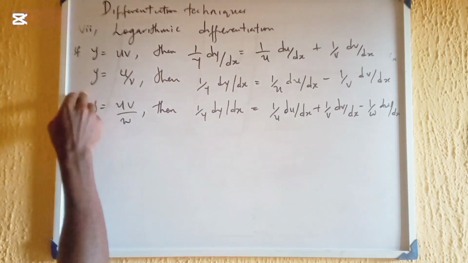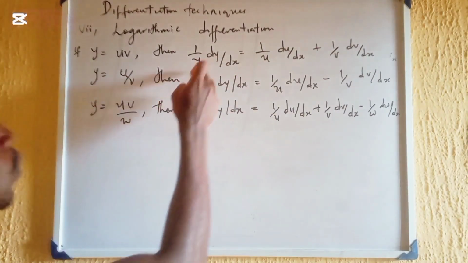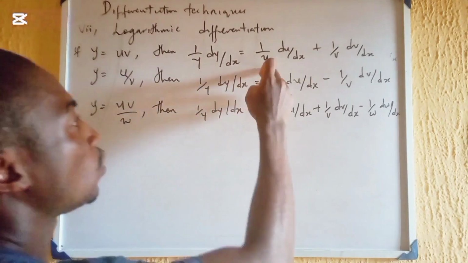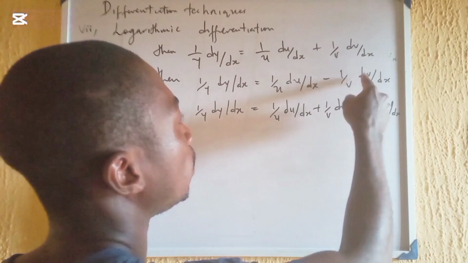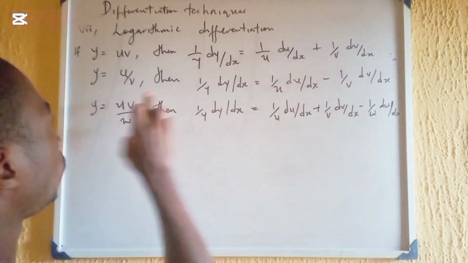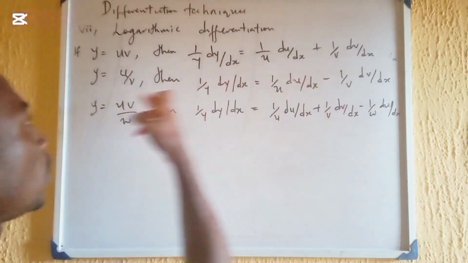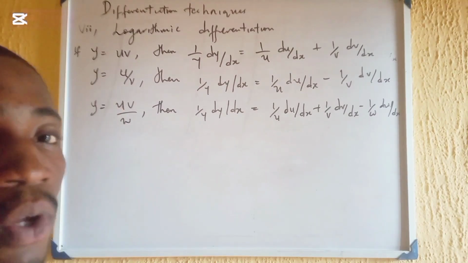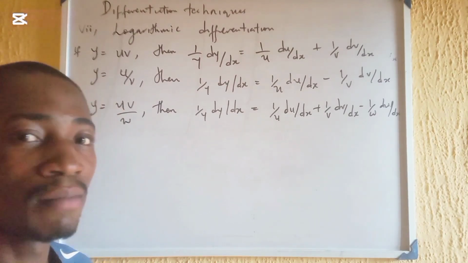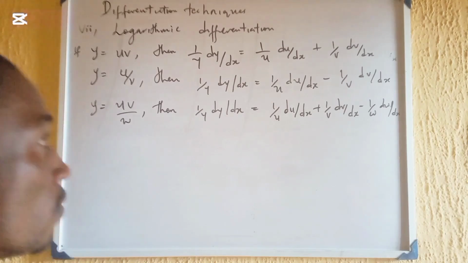Now, but if y is equal to u over v, then 1 over y dy/dx is equal to 1 over u du/dx minus 1 over v dv/dx. So v here takes a negative sign because it's a denominator. And that's what happens in logarithm, where plus indicates multiplication and minus indicates division.